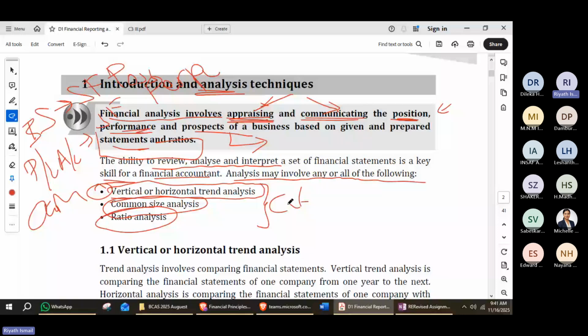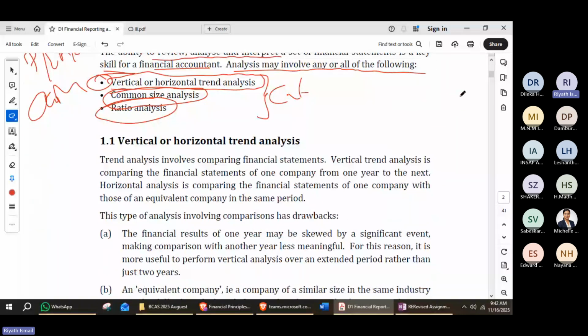Vertical means this way, up and down. Horizontal is east, west, or left, right.